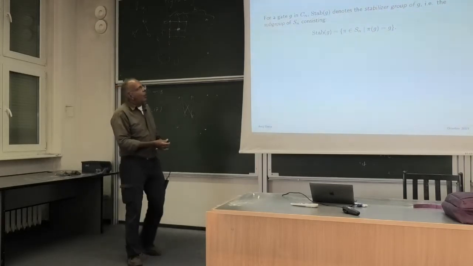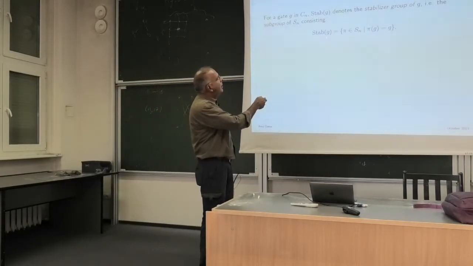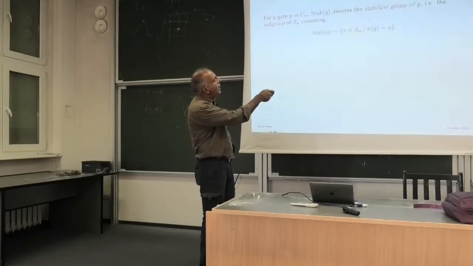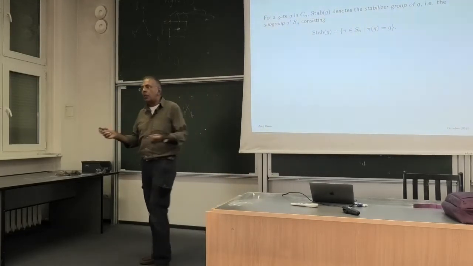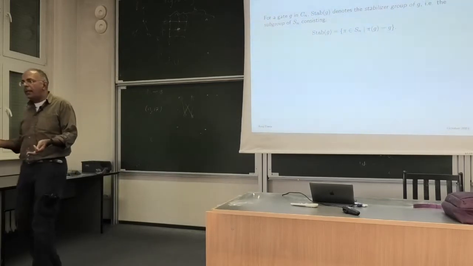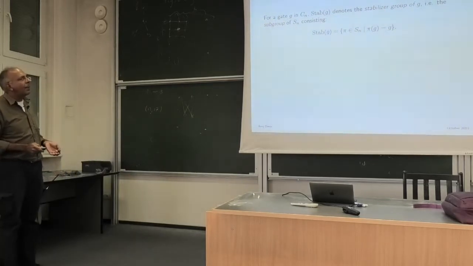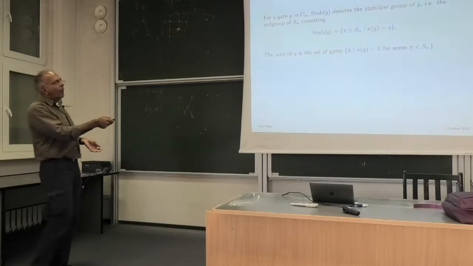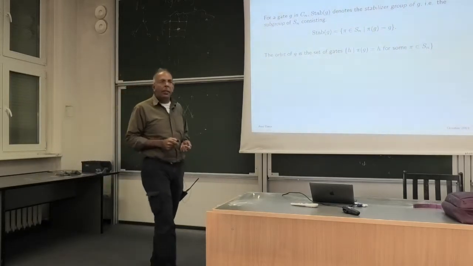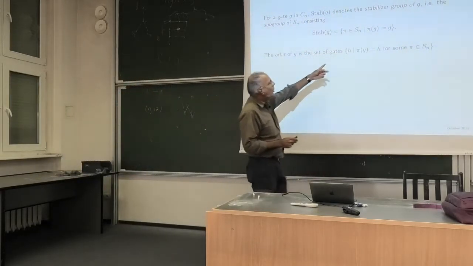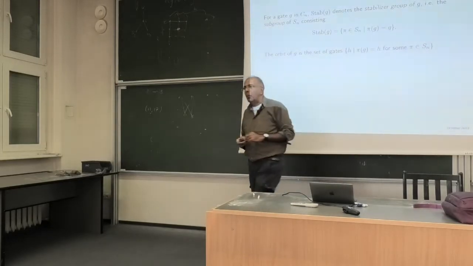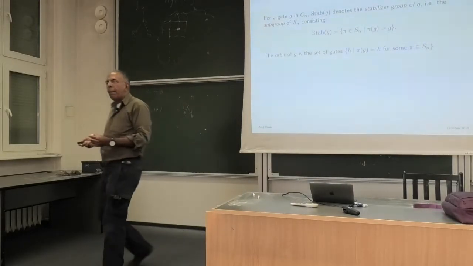Okay? So for every gate, I mentioned it for input gates, but for every gate, there's some subgroup of Sn, which is those permutations which fix the gate. We call that the stabilizer. The orbit of the gate is those gates to which G can move under the action of some permutation.